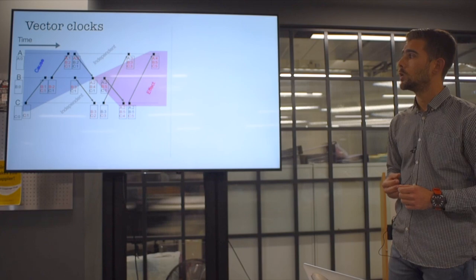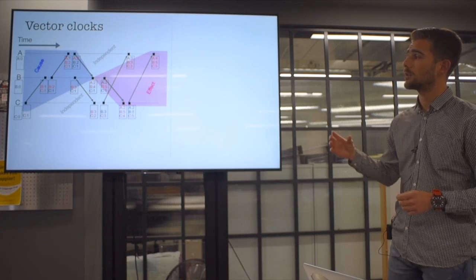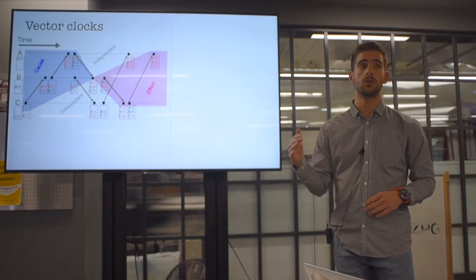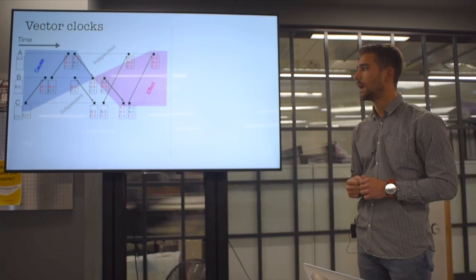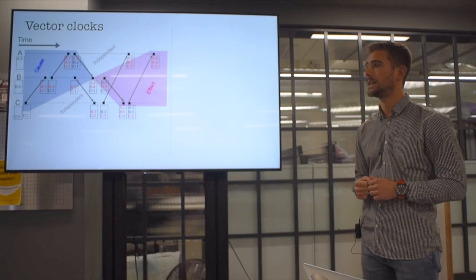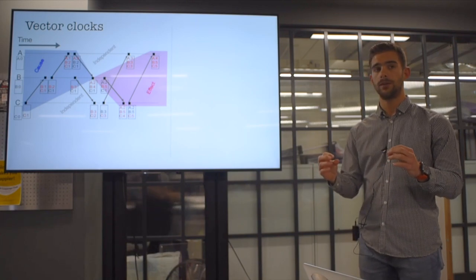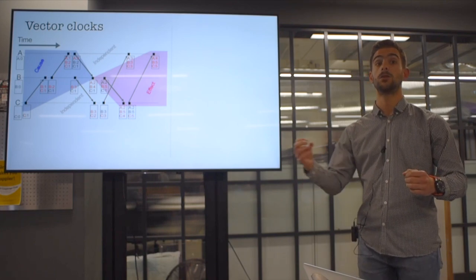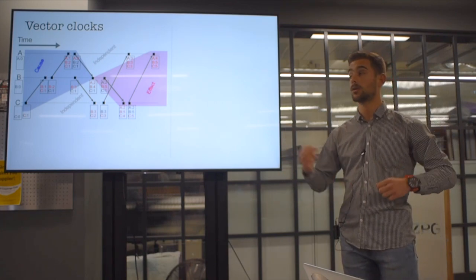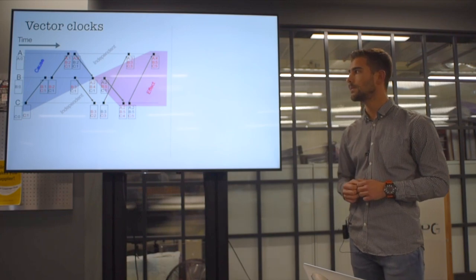So the main idea of the algorithm is that you have multiple actors in a system that exchange events between them. And you want to have a way to identify for two events whether one was the cause of the other one, whether one led to the other one, or whether they are completely independent.